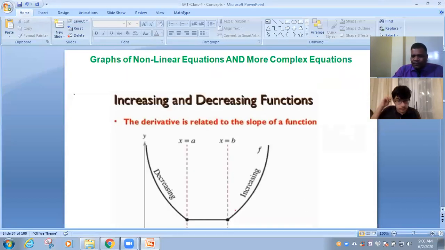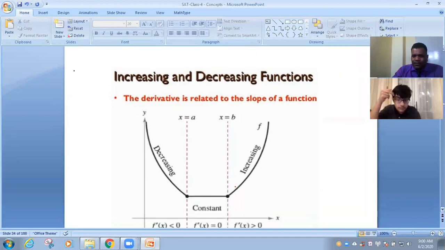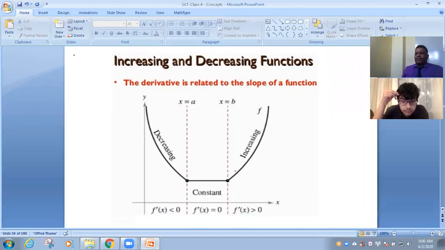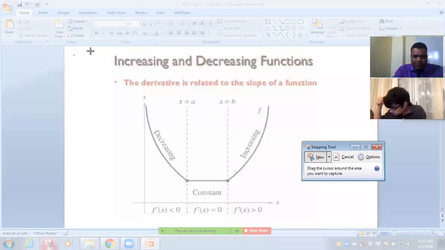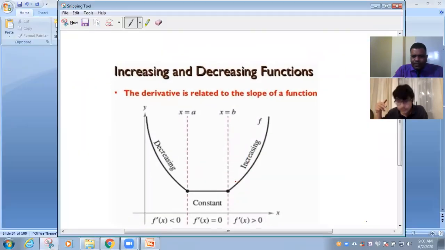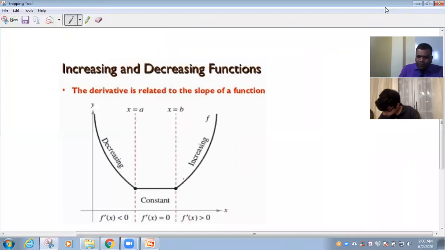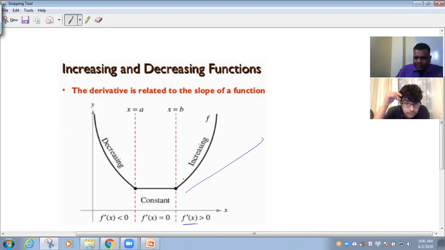In this graph, you can see it very clearly: where the function is going to decrease and where it is going to increase. I told you, you find f dash x. Wherever it is greater than 0, this is the increasing range. Wherever it is less than 0, it is the decreasing range.